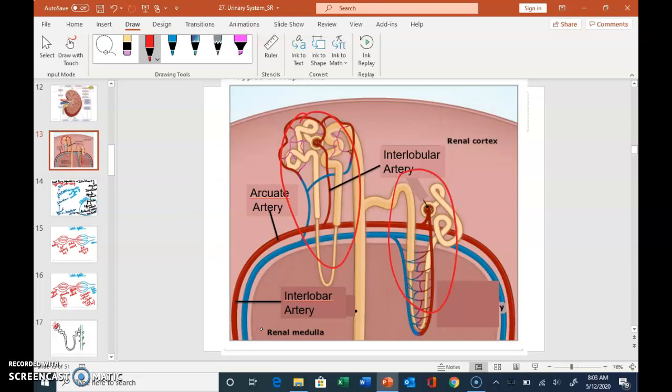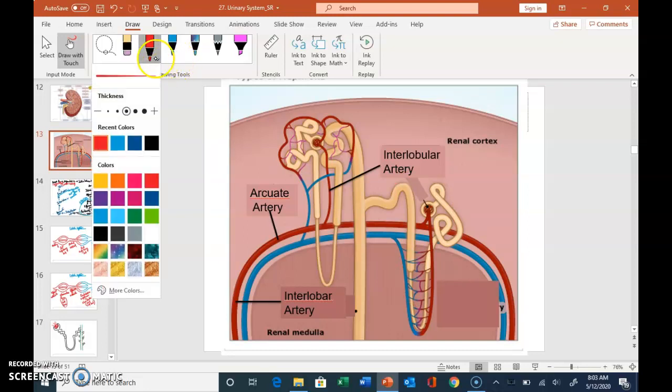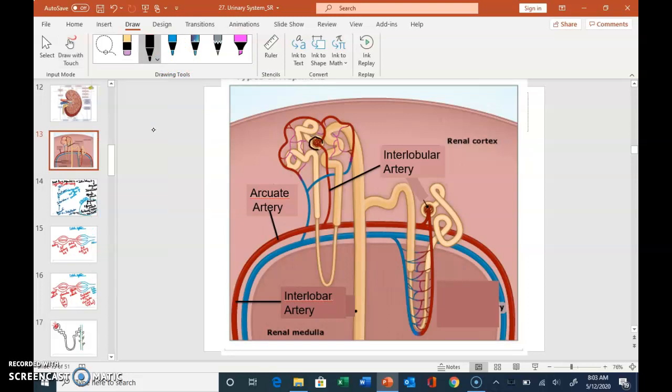If you zoom into the nephron, there are few parts of the nephron, and we will label those now. This cup-shaped structure is called the Bowman's capsule or glomerular capsule.